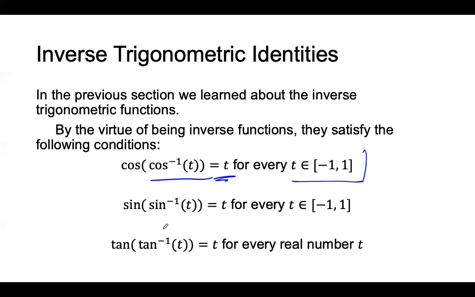This is just a summary. Sine of sine inverse of t is also equal to t for t between -1 and 1. And tan of tan inverse of t is equal to t for every real number. So this is where it kind of differs.